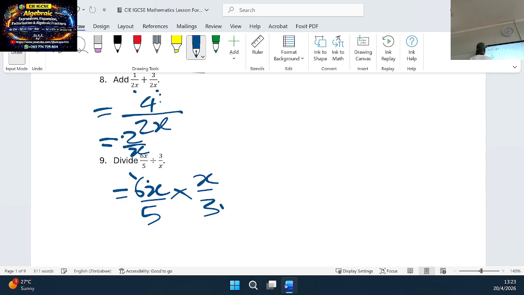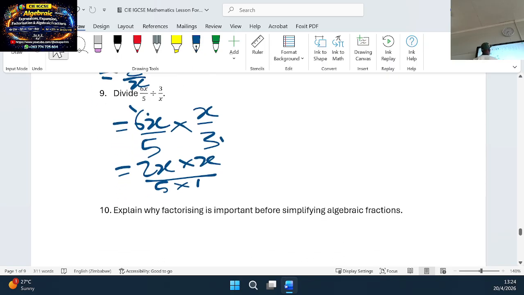So when I divide the numerator there by 3, it gives me 2x times x all over 5 times 1 when I divide 3 by 3 there. And this will lead me to 2x times x, which gives me 2x squared all over 5.